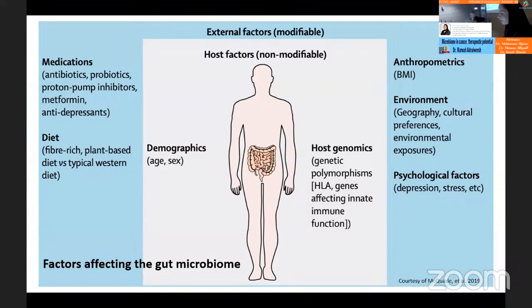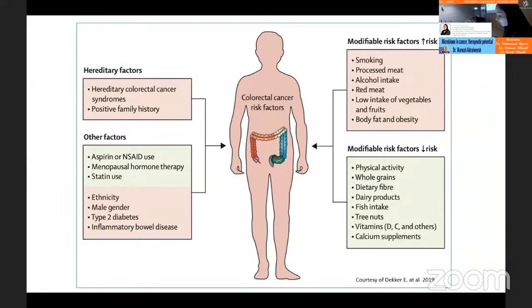either positively or negatively. However, what are the colorectal cancer risk factors? We can find some similarities between the risk factors responsible for colorectal cancer and the modifiable factors that influence the gut microbiome.